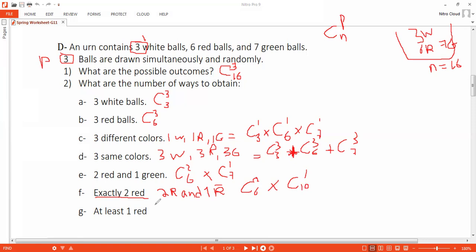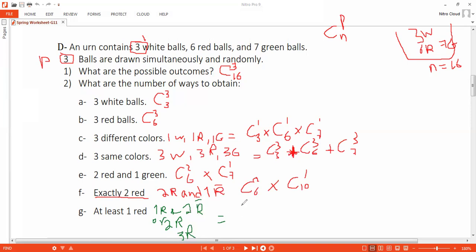What does that mean? At least 1 red means 1 red and 2 other than red, or 2 red, or 3 red. All of these are cases because they said at least 1 red. When I say at least 1 red, it could be 1 red, 2 red, or 3 red. So how do I write this as combination? Here we have 3 possibilities.